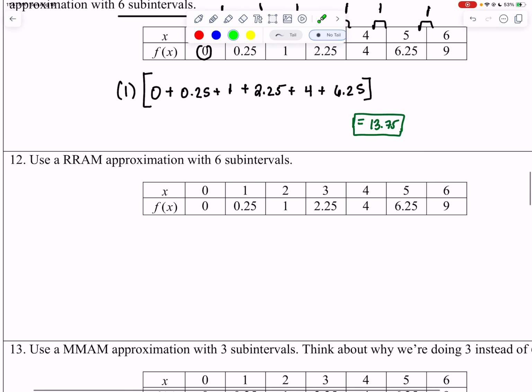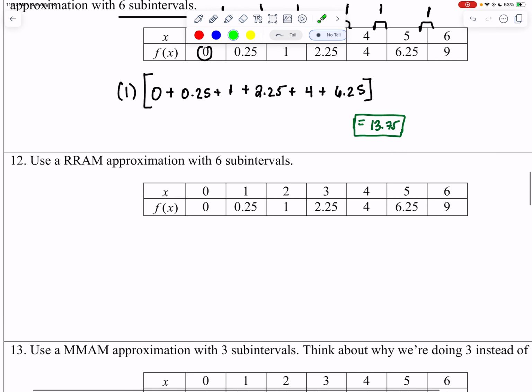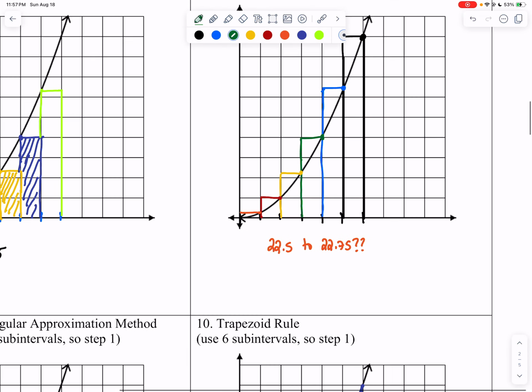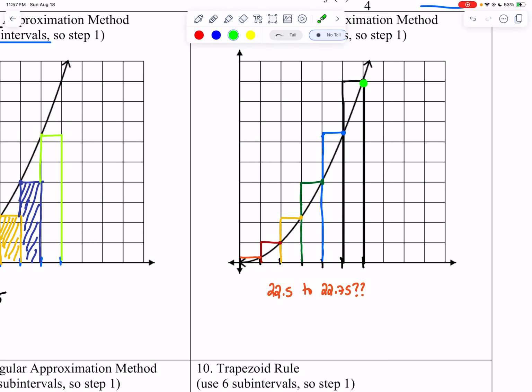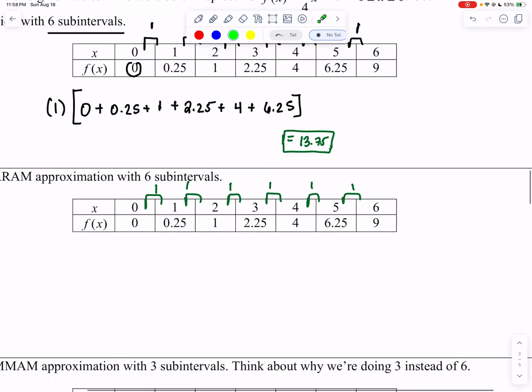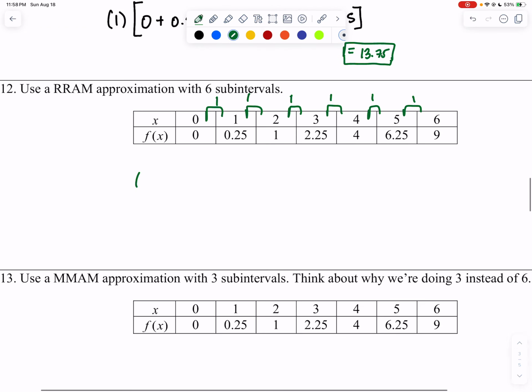For number 12, we're going to use a right Riemann sum using 6 subintervals. So once again, my subintervals are going to be the distance between my x values. That's just going to be 1. And remember, with a right Riemann sum, we start with my rightmost value. In this case, we're starting off with 9. So now we have 1.